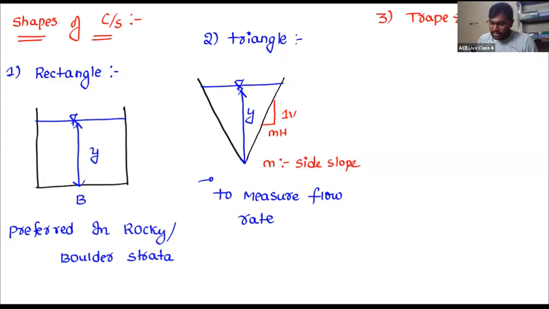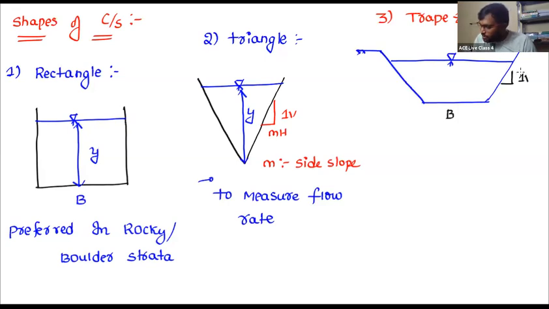So my dear students, this is the trapezoidal channel. Here is the water level, and the trapezoidal has some base width, some side slope of one vertical to m horizontal, and some depth of flow y.